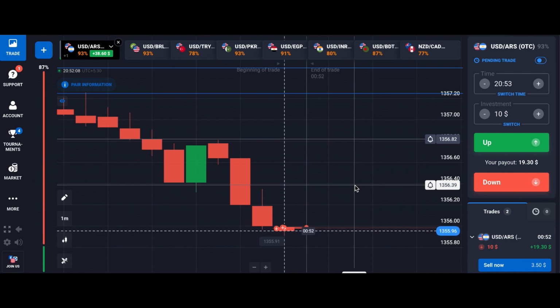Okay, so this will be a sure shot. This will also recover our losses and will also give us a profit. This will be a red candle. Okay, this is a 100% red candle.